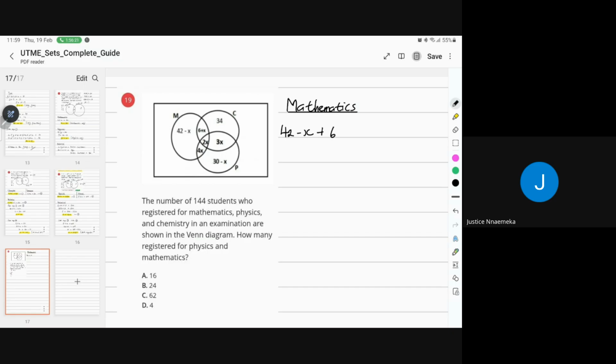So for mathematics, we're going to have 42 minus x, plus 6, plus x, plus 2x, plus 4x is equal to mathematics, m. So let's collect like terms. I'm going to have 42 plus 6, then minus x plus x, plus 6x equal to m.